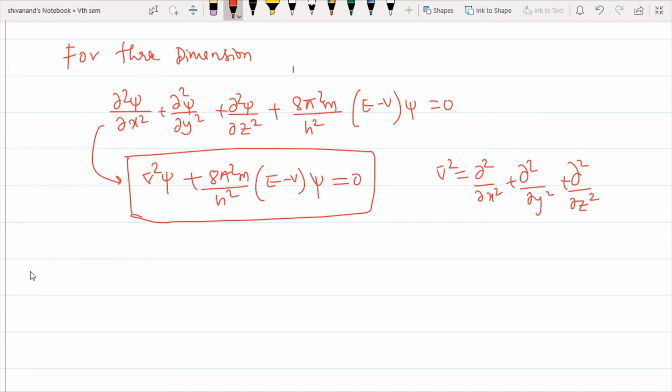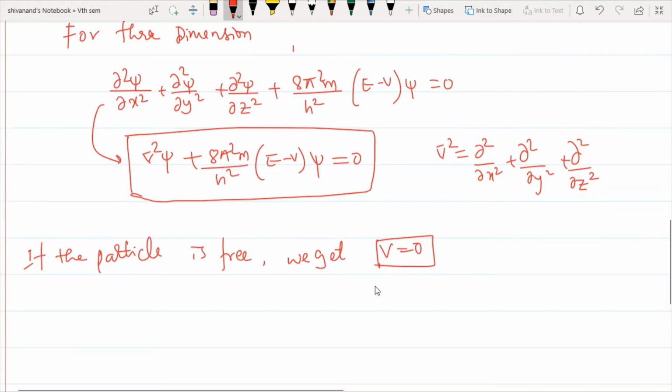Now, if the particle moving in wave motion is free, its potential energy will be equal to 0.